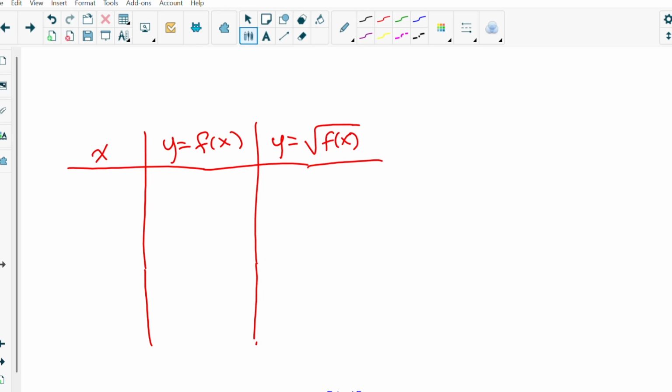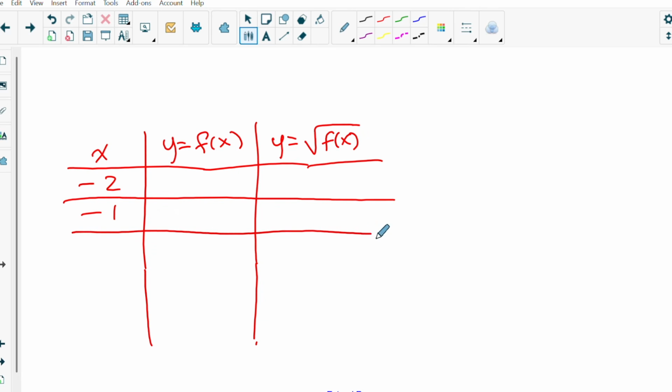And let's look at the various regions here. So if I have -2, -1, these are values where f of x is less than 0.